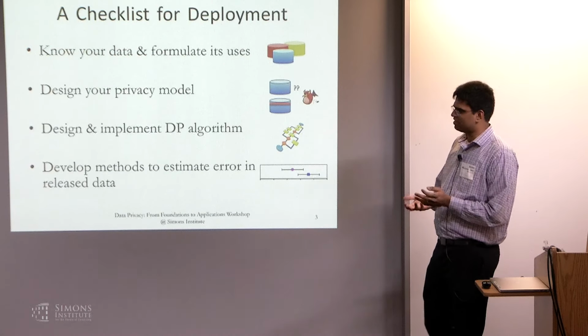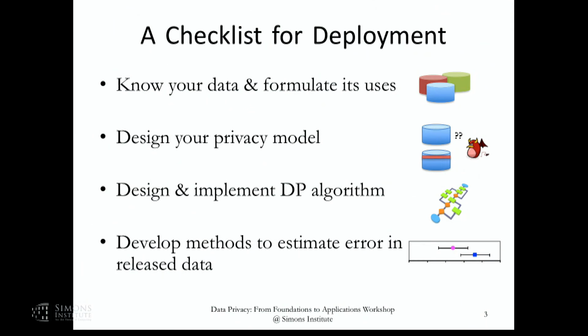This is what I call a checklist for deployment, which is typically what you need to do when you're going around and trying to deploy differential privacy. To start off, before you even think about privacy or anything, you need to really know what your data is.